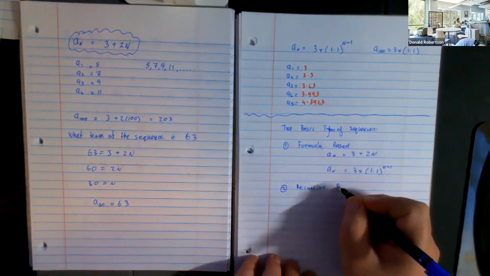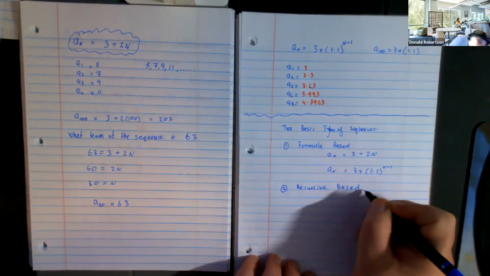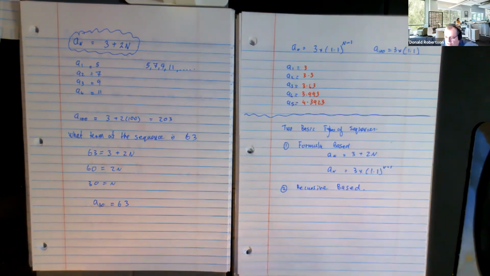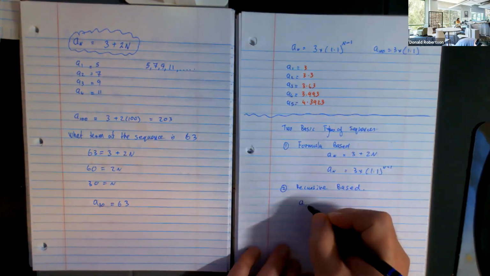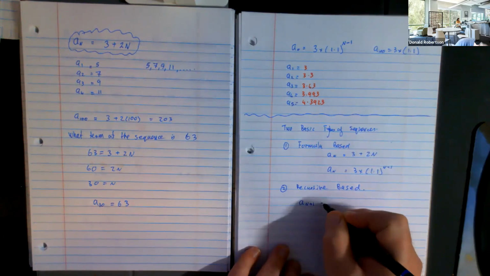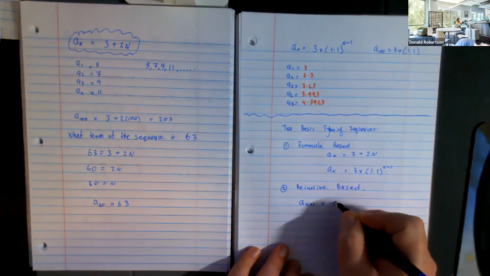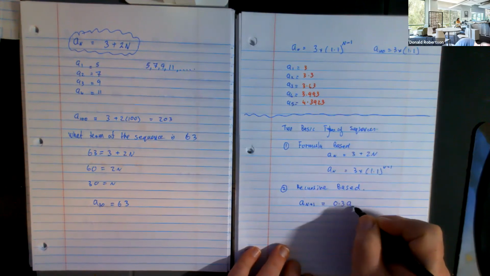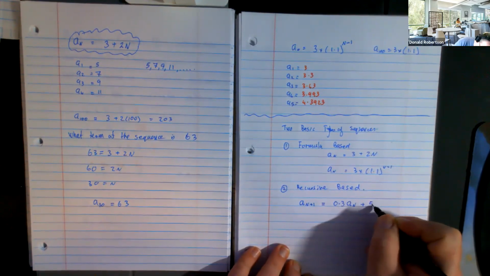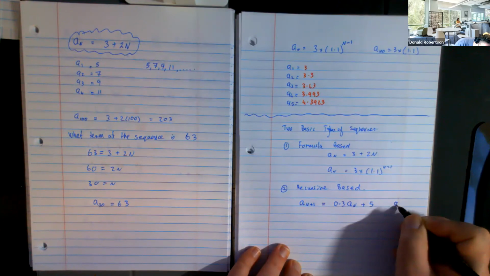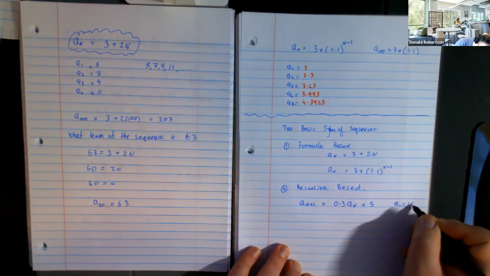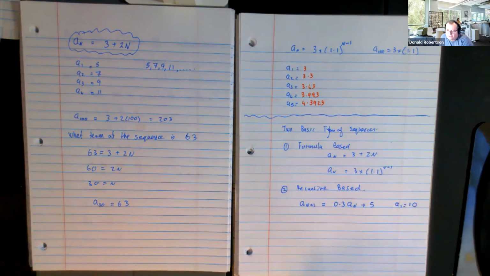And the second type of sequence is called a recursive-based one. Now let me show you what those look like. Here is an example of what a recursive-based sequence would look like.